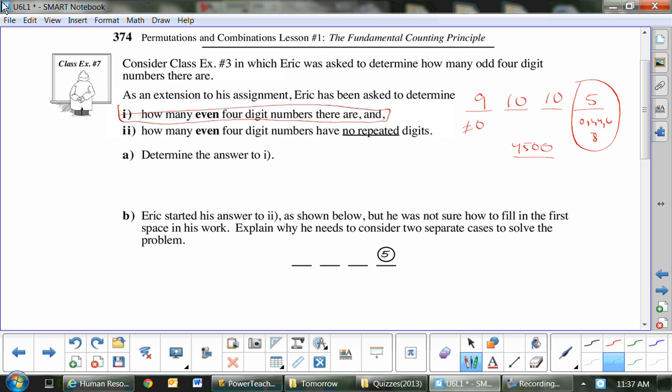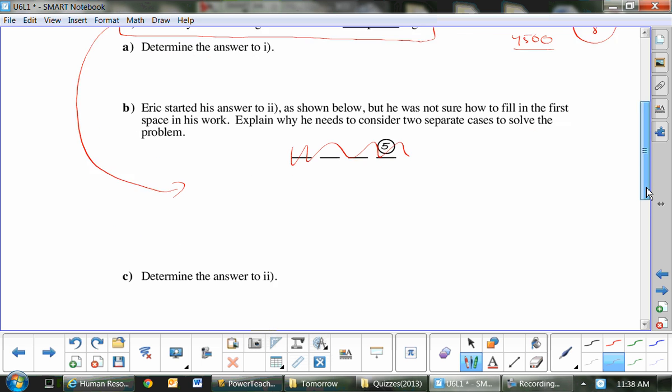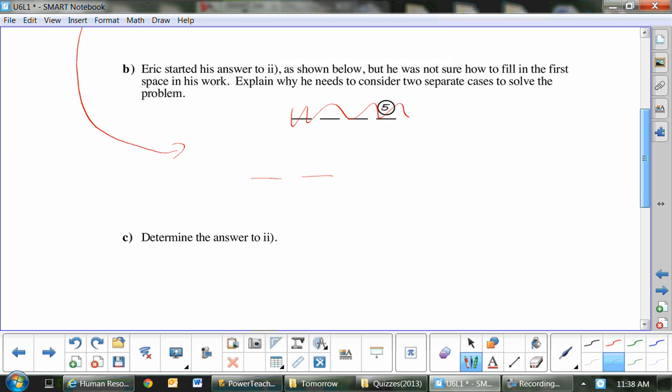Now, same question, but non-repeating. Let's do that down here. Cannot repeat now. 1, 2, 3, 4.